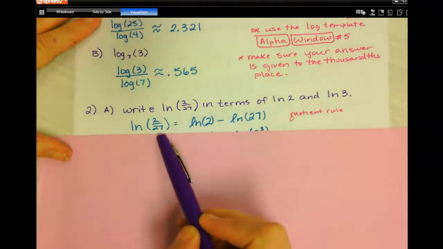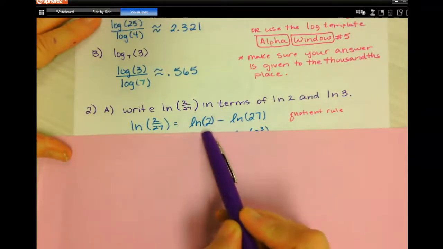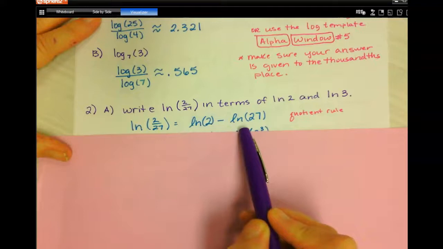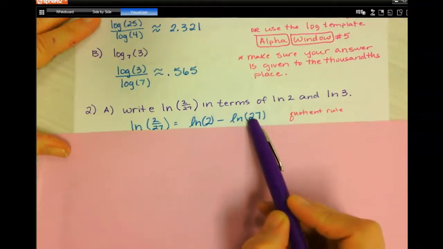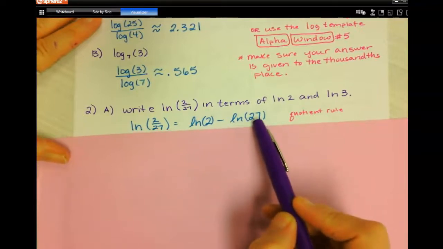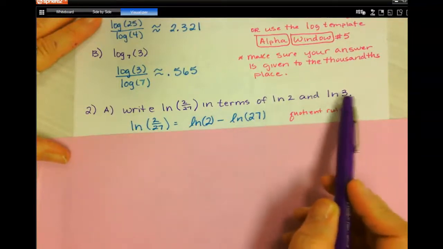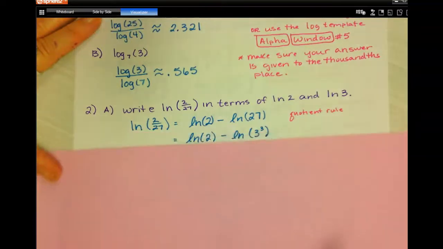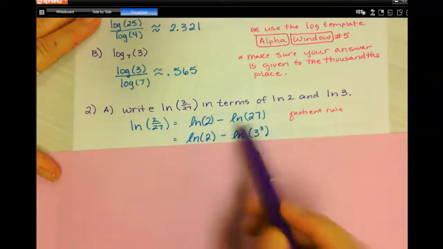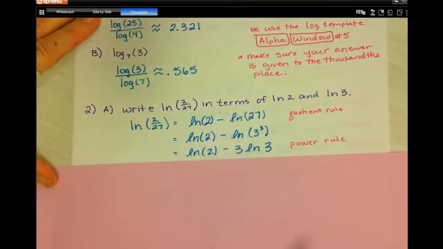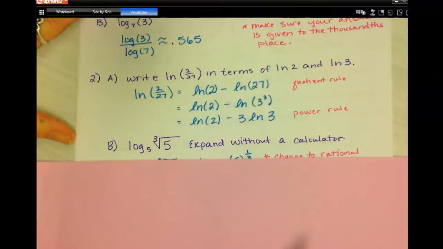So when I expand it with subtraction, I have natural log of 2 minus natural log of 27. 2 is already in base 2, so I'm good there, but 27 is not. So I have to think about how can I rewrite 27 using a different base, and specifically a base of 3. Well, we should all know that that's 3 cubed. And then once we rewrite that argument, we now see it has a power, so the power drops in front and becomes the multiplier. And then we have the power rule there.